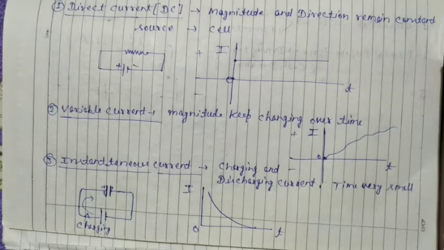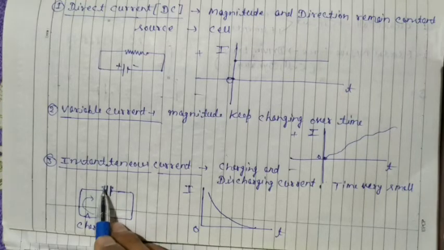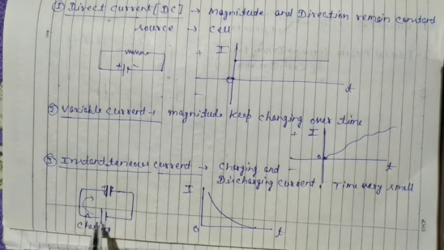These are normally charging and discharging current. When we have a capacitor and we fit it with the battery, with the cell, and from here switch on, complete the circuit.